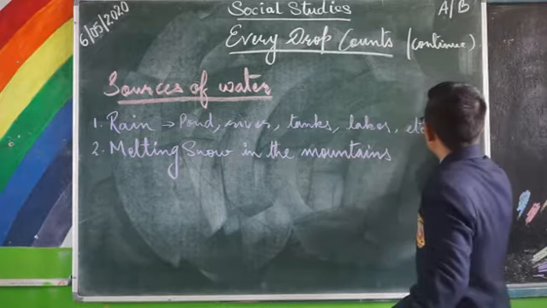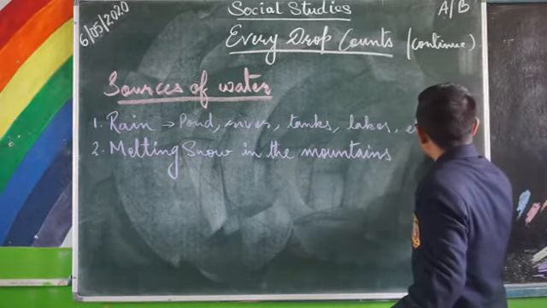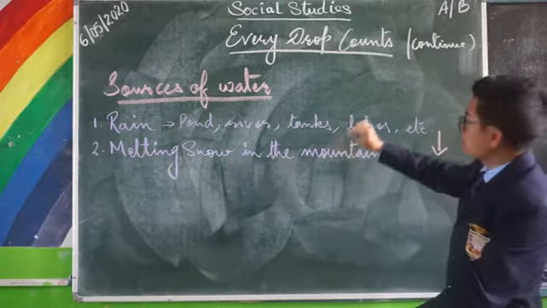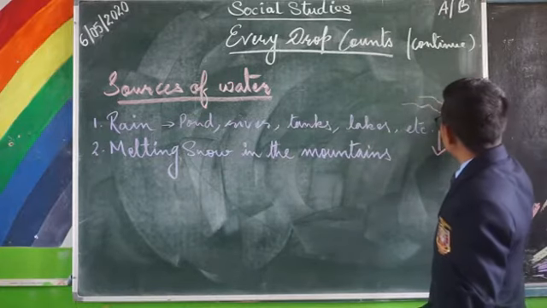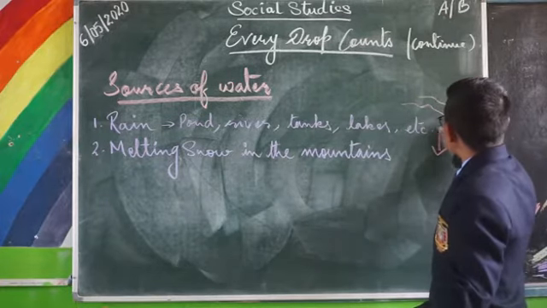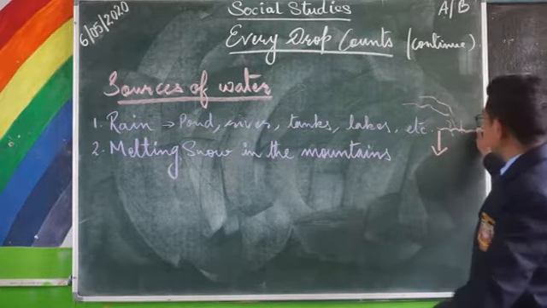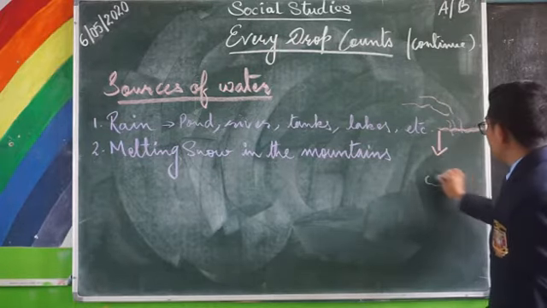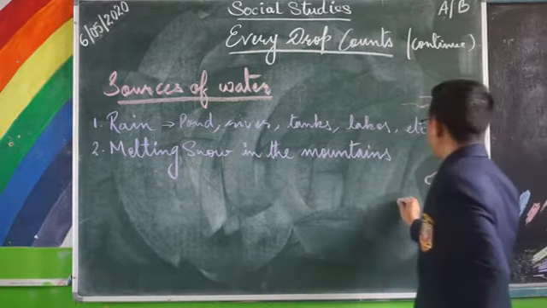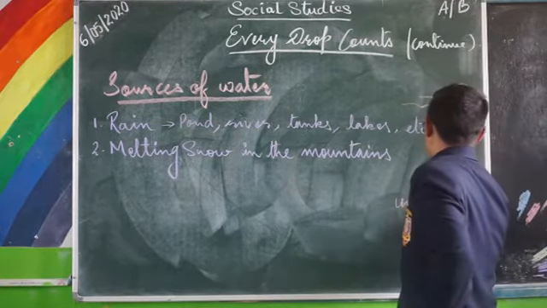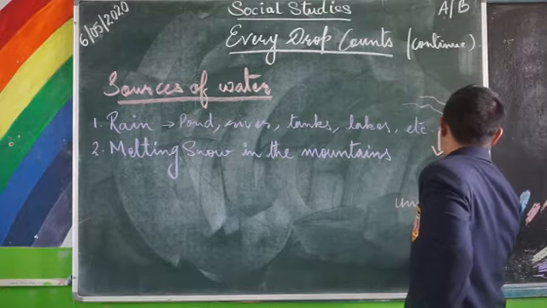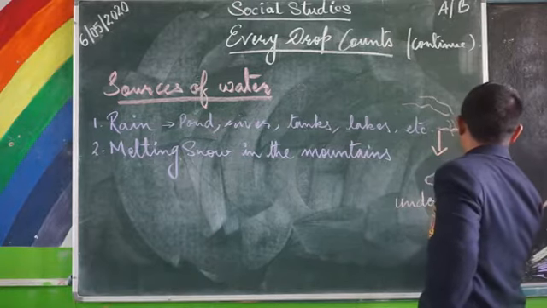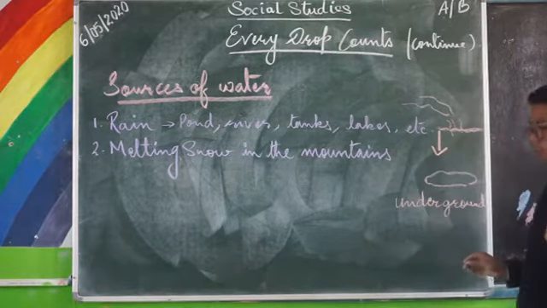Underground means when it rains, the water flows and the ground absorbs the water, and it gets collected under the ground. You say underground water, isn't it?